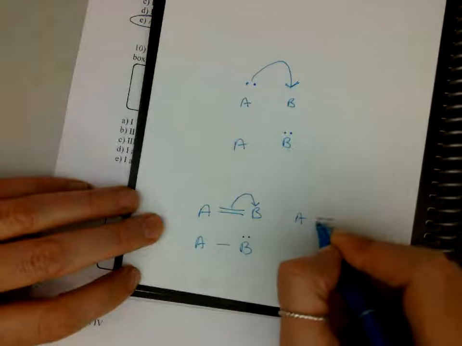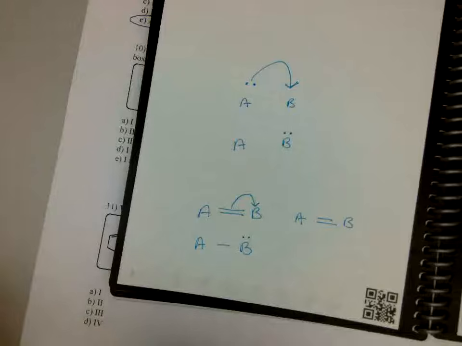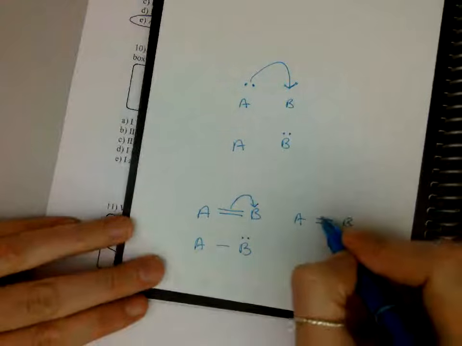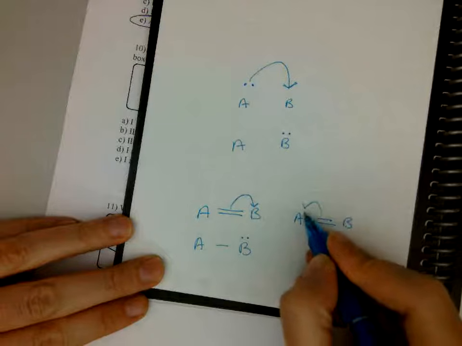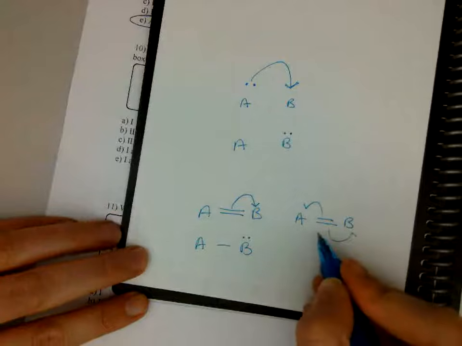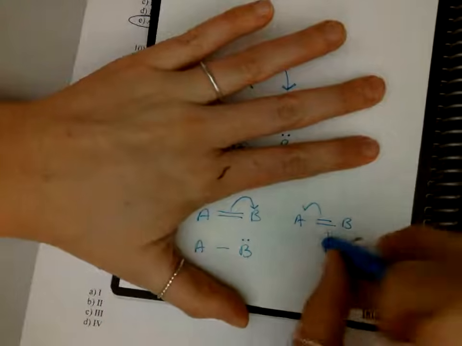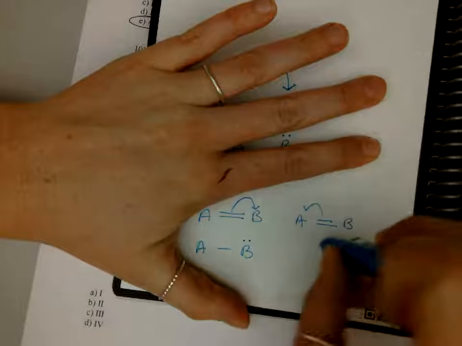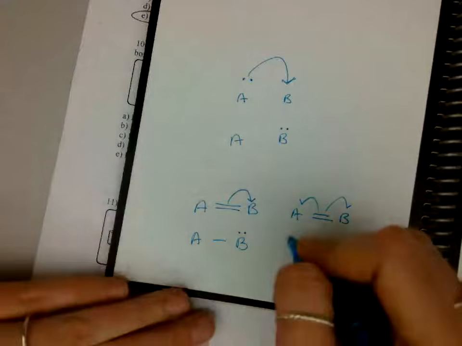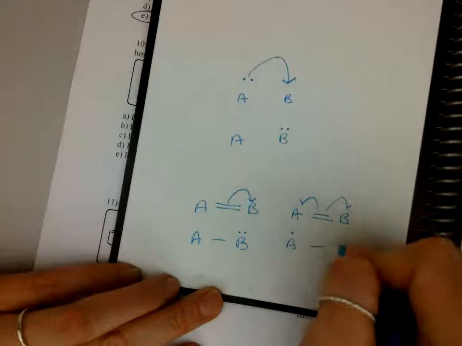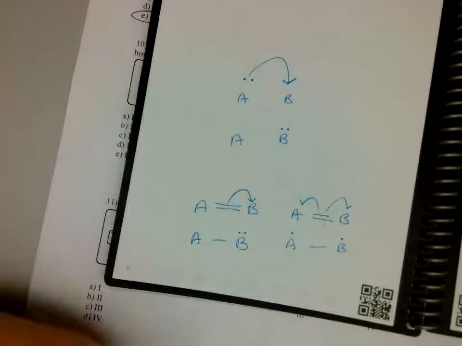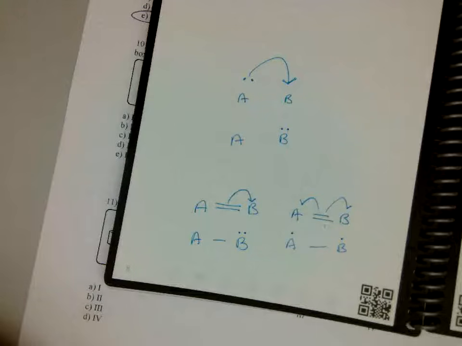If we have a double bond and we get what's called a heterolytic cleavage, or it's making a radical, we've talked about radicals in Gen Chem, instead of 2 heads on the arrow, it just has 1. So that means 1 electron from the top bond is going to go to each atom. So then we end up with A, B, each with a radical. So that's why we draw all these crazy arrows in organic chemistry.